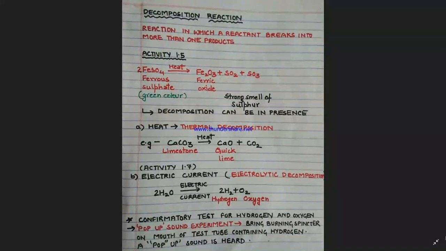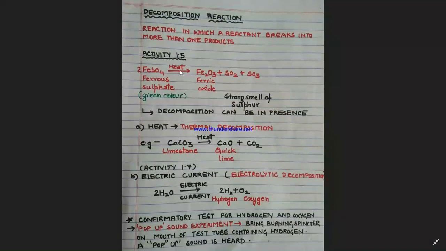To understand this, there is activity 1.5, which shows that FeSO4, that is ferrous sulfate, when heated changes to Fe2O3, that is ferric oxide, plus SO2 plus SO3, sulfur dioxide and sulfur trioxide. Remember the color of ferrous sulfate, it is a green color substance.